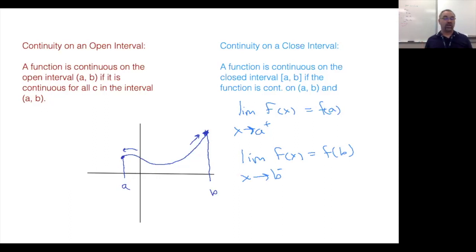X approaches a from the right when you see the plus sign. X approaches b from the left when you see the negative sign. That's what we mean by one-sided limits. Before, when we said left and right-hand limits don't agree, now you have some notation to describe that. And those one-sided limits are a big part of continuity on a closed interval.